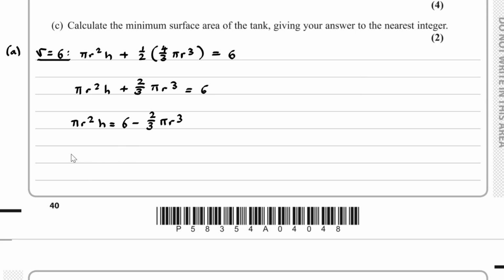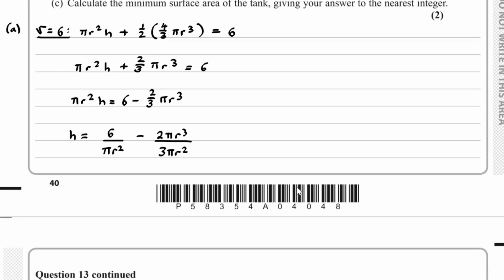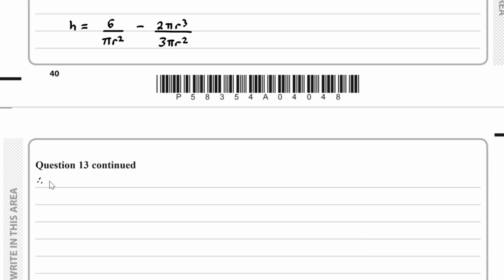So h is equal to 6 over pi r squared, minus 2 pi r cubed over 3 pi r squared. And therefore we can conclude here h is equal to 6 over pi r squared minus 2r over 3.